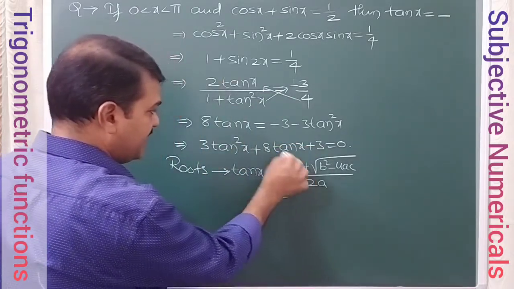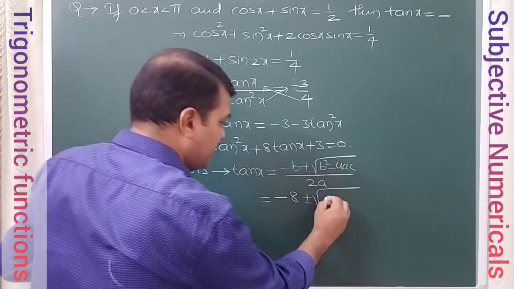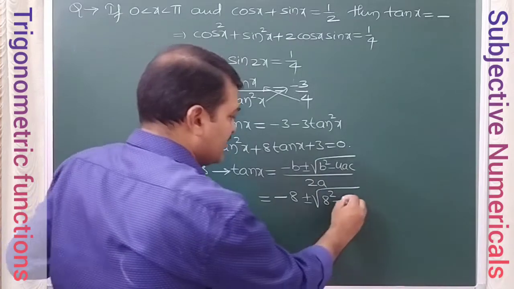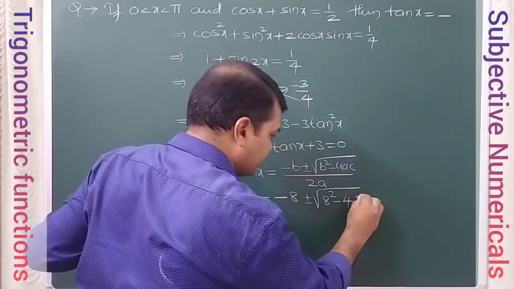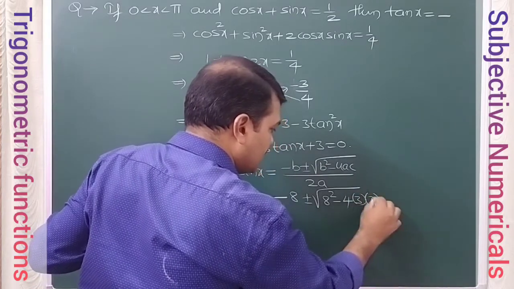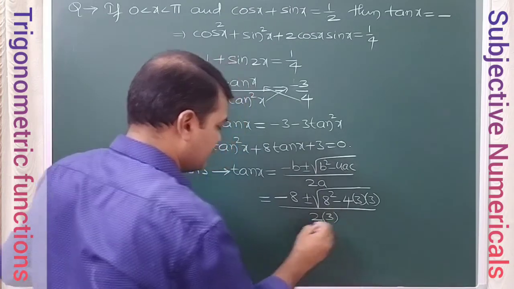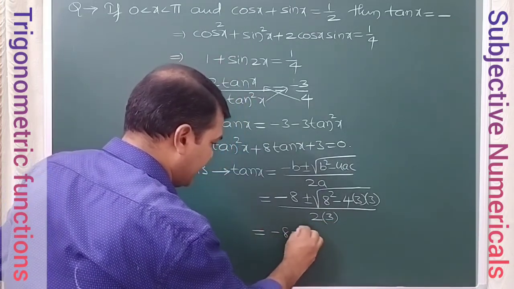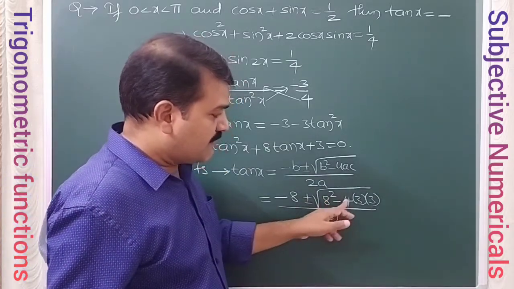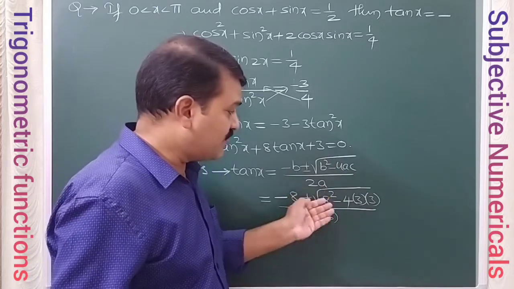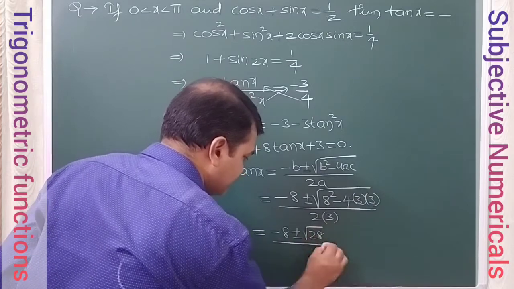So minus 8 plus or minus under root 8 square minus 4 into 3 into 3, by 2 into 3. Simplifying, minus 8 plus or minus, this is 64 minus 36, so we get root 28.